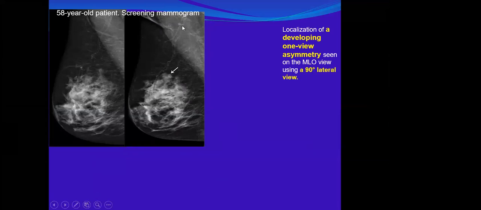A 58-year-old patient, screening mammogram. This is previous and this is current. So you have a developing asymmetry. It was not seen on the CC view, it's seen only on the MLO.